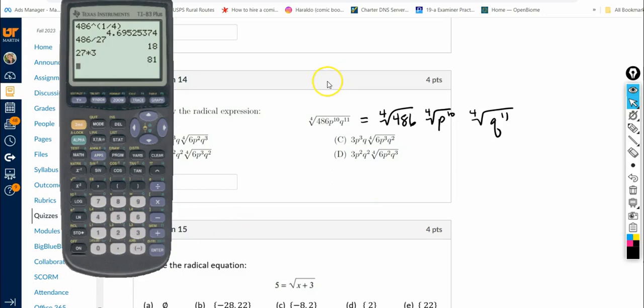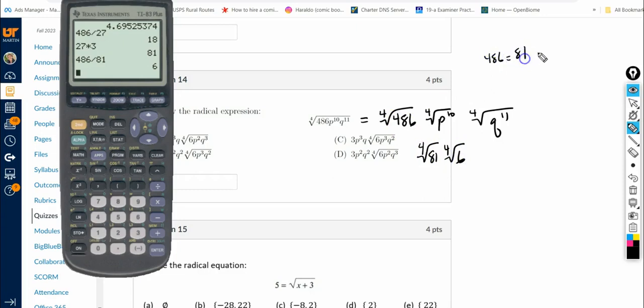Okay, 486 divided by 81. So this is going to be the fourth root of 81 times the fourth root of 6, because 486 is equal to 81 times 6. All right.